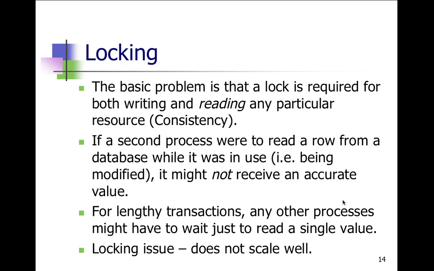in terms of the basic locking concept, the basic problem is that the lock is required for both reading and writing to a particular resource, for consistency's sake. So let's say, for example, you went to ATM number A and you withdrew $20 and you have a lock on there, and then ATM number B comes in and you want to open up the same account.